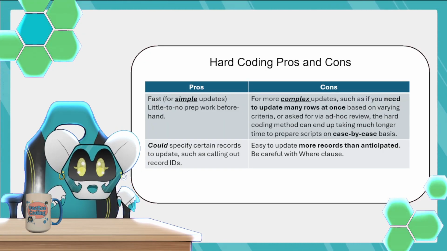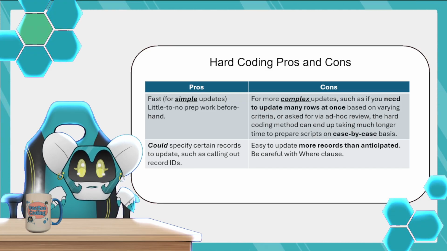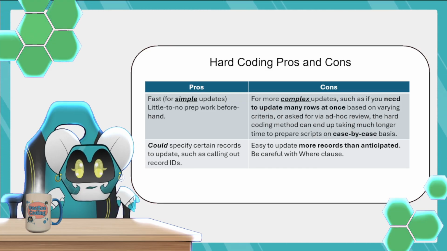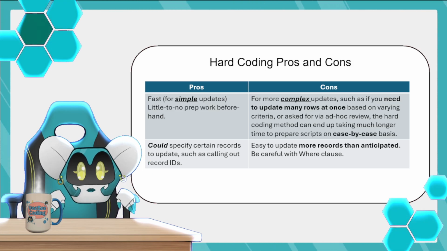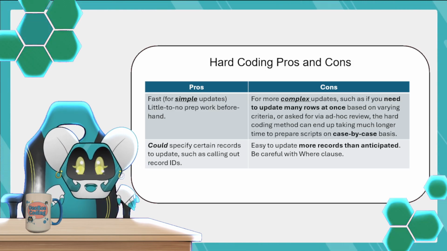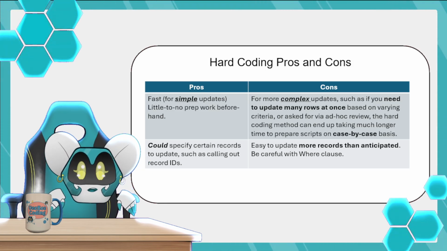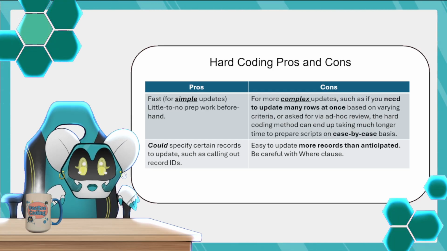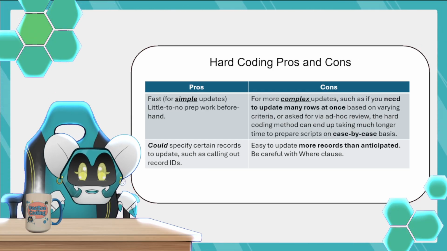There are some pros and cons to hard coding. For the pros, it's fast, it's simple, there's little to no prep work needed. You can specify certain records that you want to update, such as calling out record IDs.